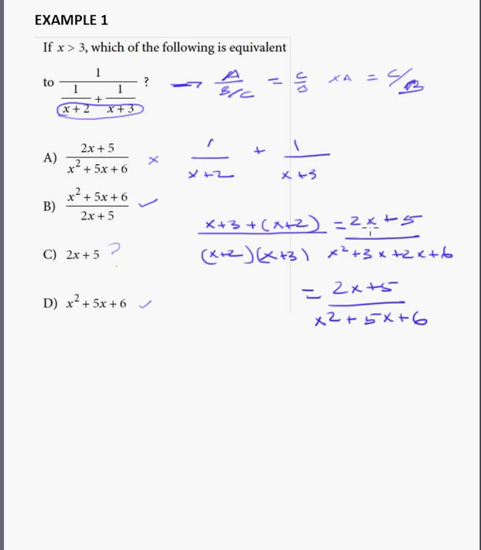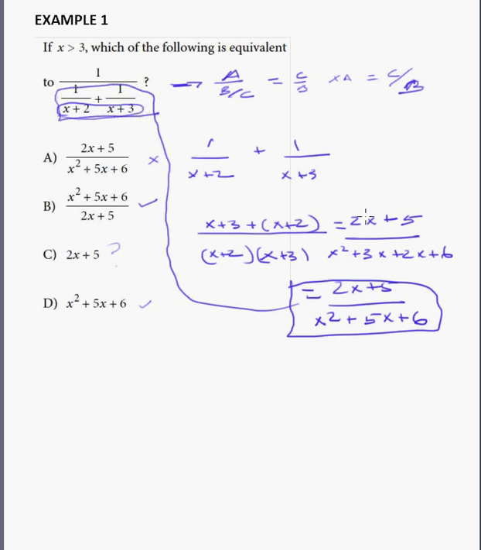It turns out the answer right here represents all of this at the bottom. So the expression is going to be equal to 1 over 2x plus 5 divided by x squared plus 5x plus 6.